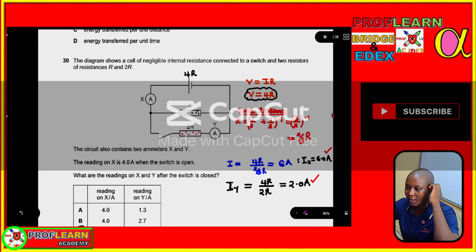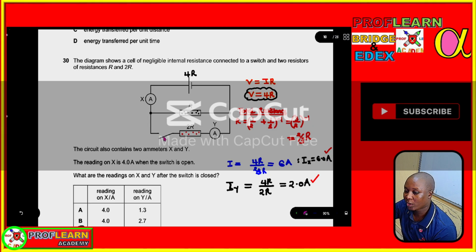The diagram shows a cell of negligible internal resistance connected to a switch and 2 resistors, R and 2R. The circuit also contains 2 ammeters, X and Y. The reading of X is 4.0 A when the switch is open.